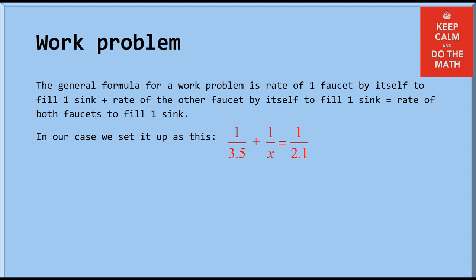So I'm going to start by doing the common denominator. And I can see that my common denominator will be made up of 3.5 times 2.1 times x. Now I'm not going to multiply them all through, and I'll show you why in a second.